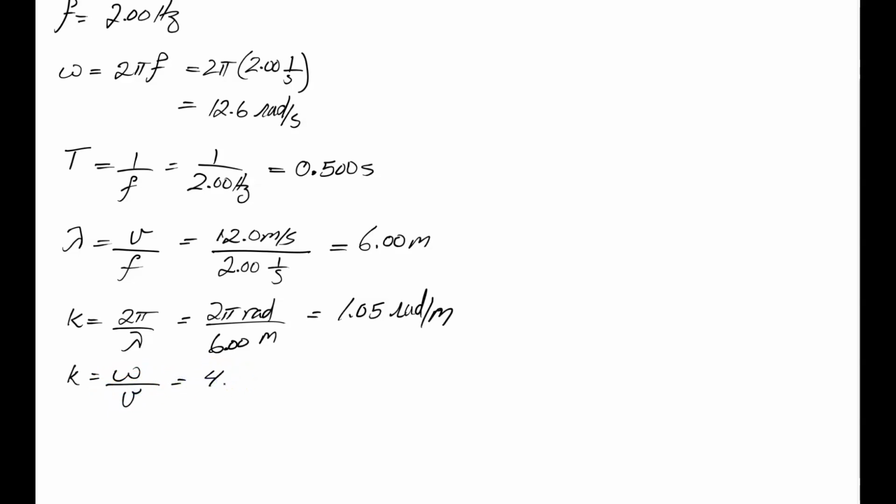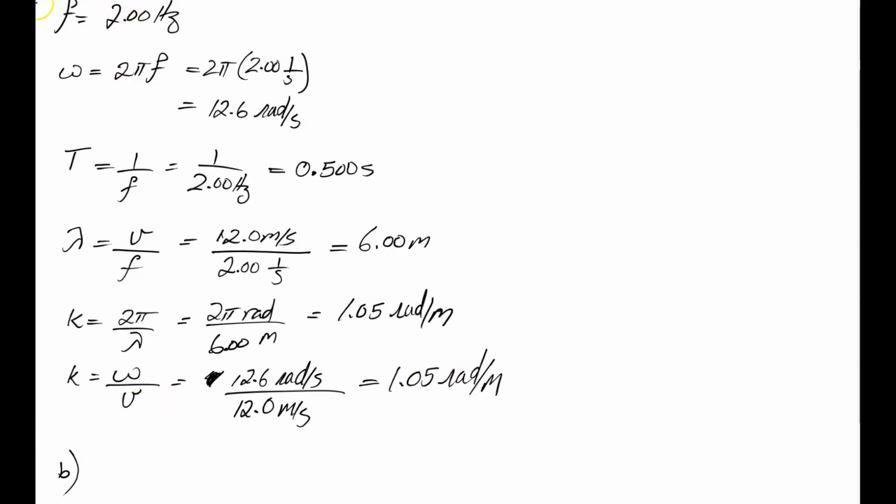Omega is 12.6 radians per second. V is 12 meters per second, gives us 1.05 radians per meter. So either one works. All of that was part A.